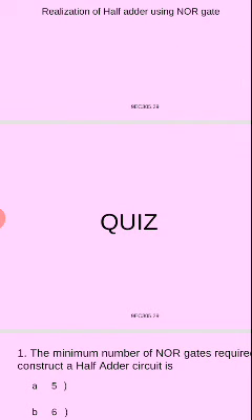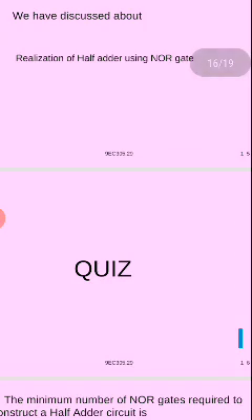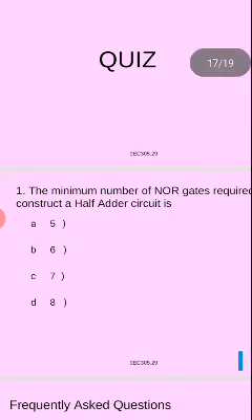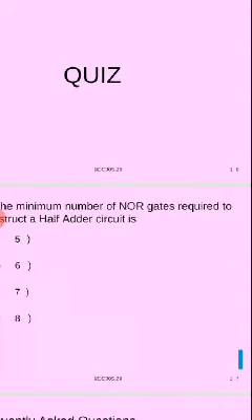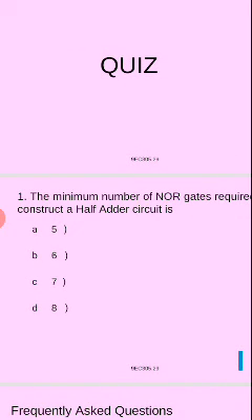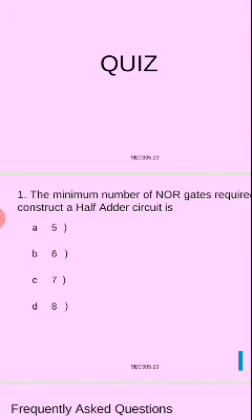Now, quiz. The minimum number of NOR gates required to construct a half adder circuit is how much?